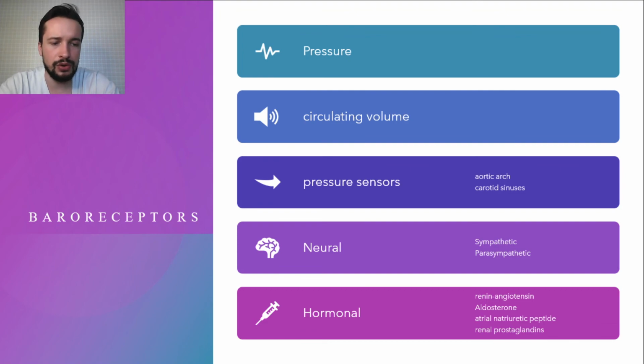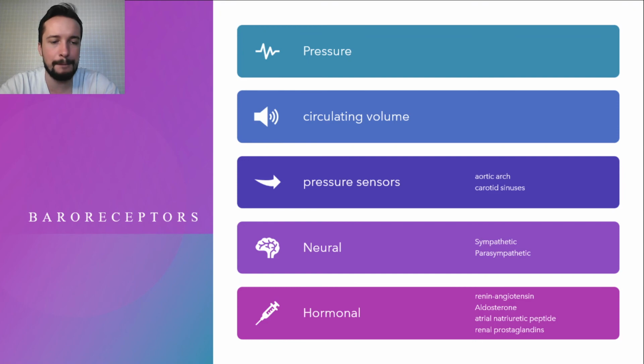Baroreceptors also modulate volume in response to changes in pressure and circulation volume through specialized pressure sensors located in the aortic arch and carotid sinuses.